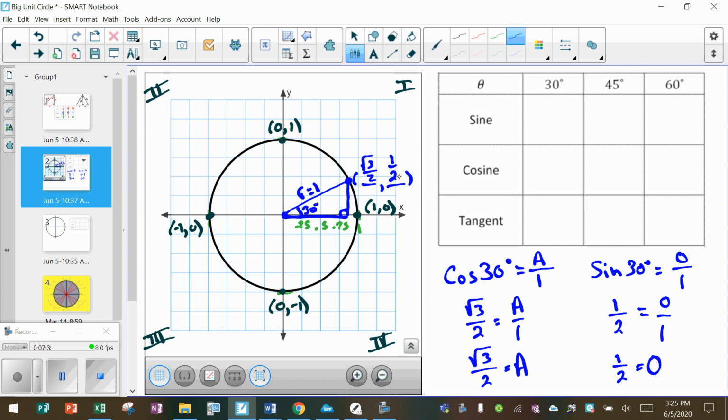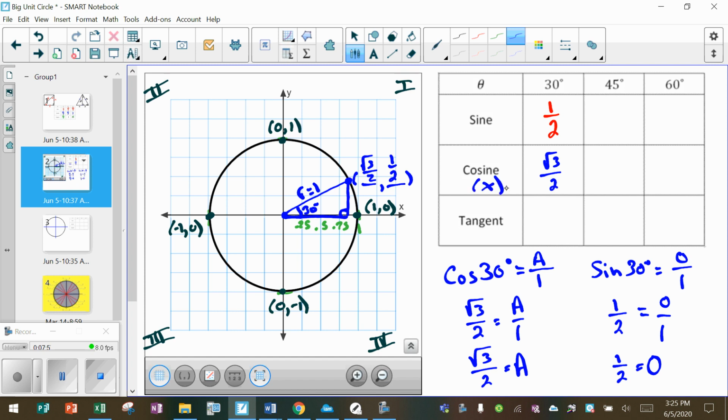So what we're seeing here is the exact value for 30 degrees for sine is the y-coordinate off the unit circle, and the x value of that point is the cosine.